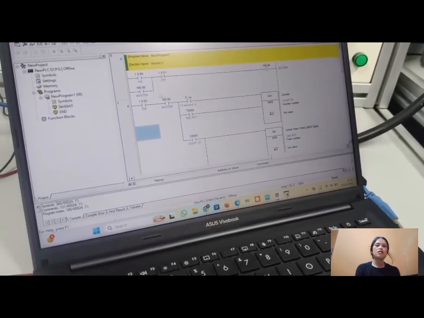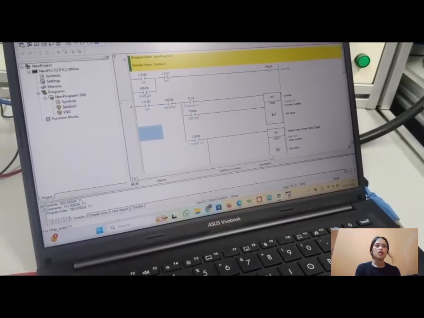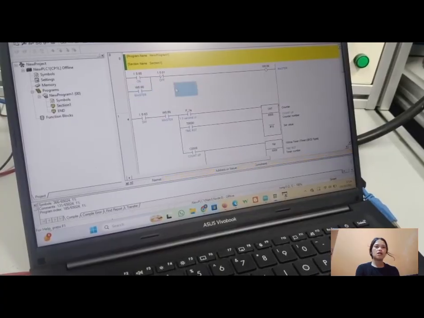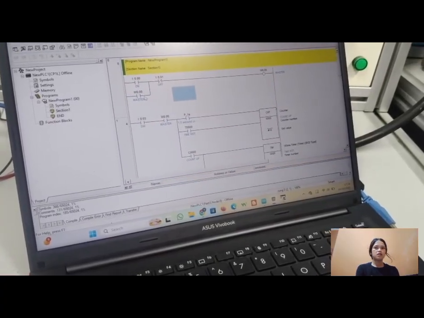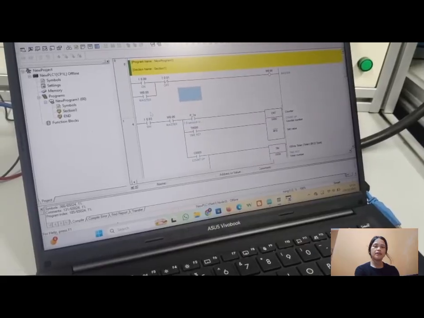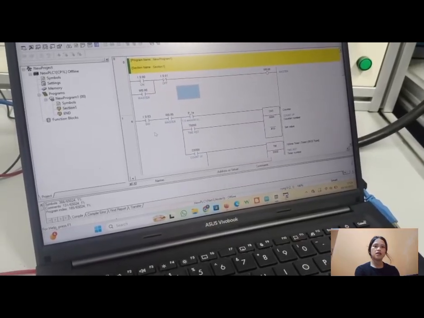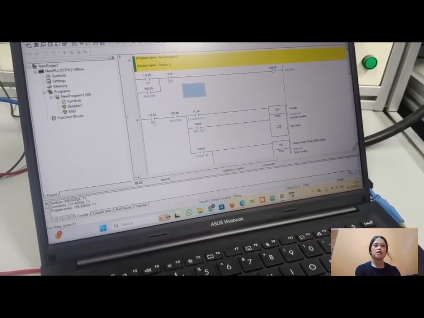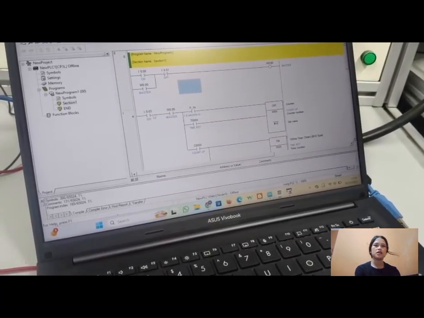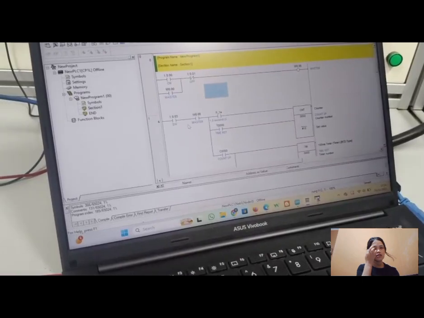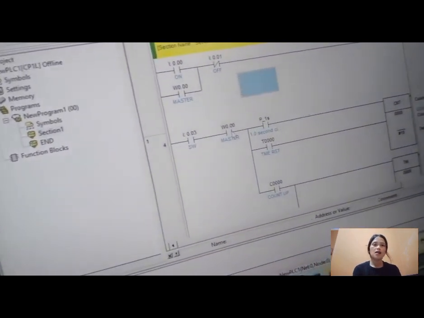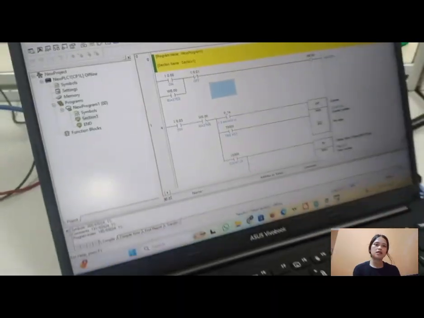Once the number of pulses counted reaches the preset value, the counter output turns on, activating an output device such as an alarm or pneumatic solenoid valve. If a reset signal is received, the CNT instruction resets the count back to 0, allowing the process to start again.